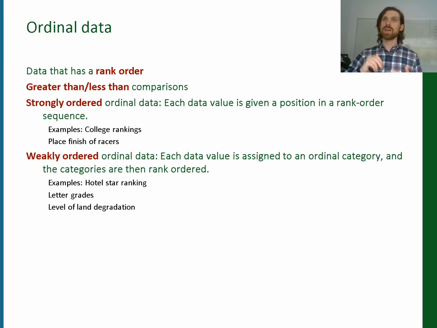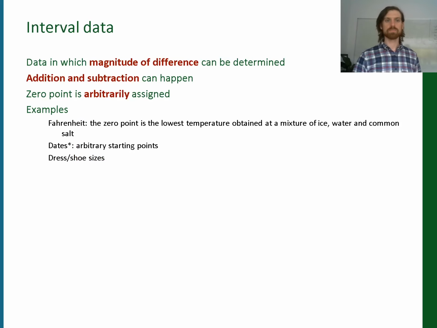There'll maybe only be a couple of cases where you have colleges at the same level, and then you wouldn't say that they're 1.5 in the ranking. You would probably just say that they were equal place. So you can have that type of ordering.